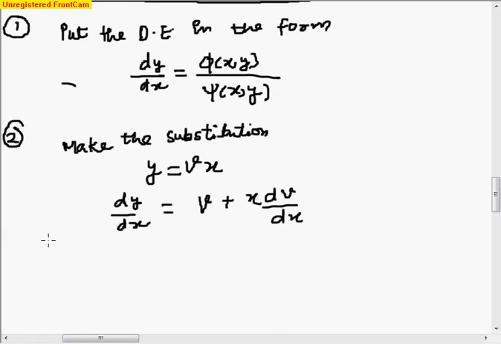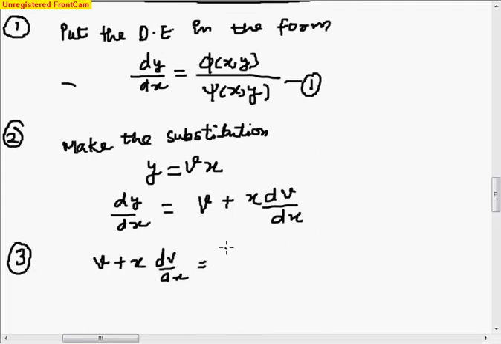Put this value of dy by dx in equation 1 and cancel out x from the right hand side. If you put this value of dy by dx in this expression and put y is equal to vx, you will see that x cancels in the numerator and denominator.